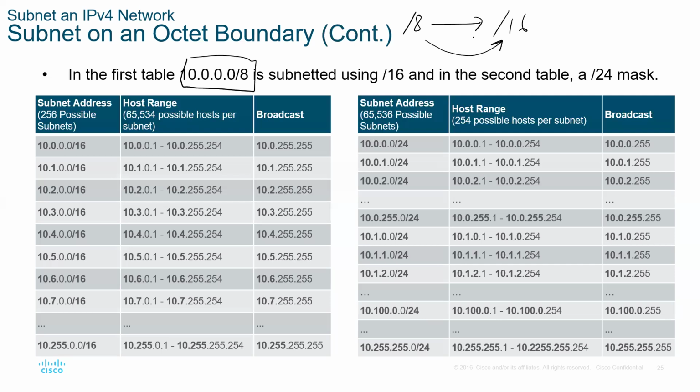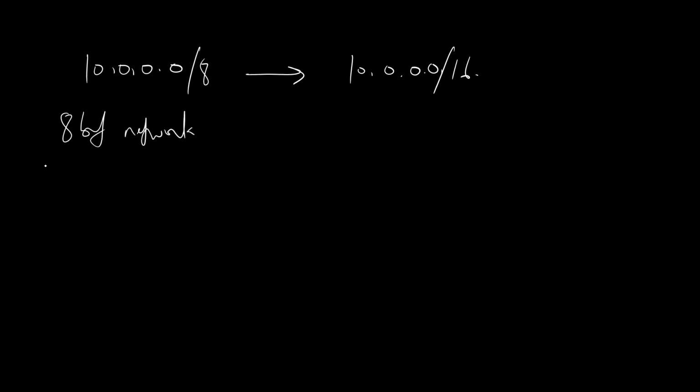I need a blank page to work on here. Much better. 10.0.0.0/8. This is the original address I have, and I've been asked to subnet using 10.0.0.0/16. Originally, I have an 8-bit network portion and a 24-bit host portion.